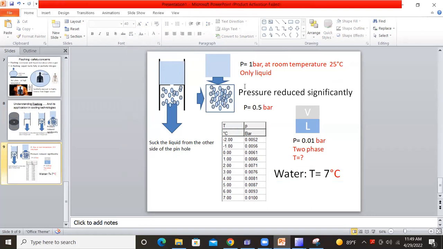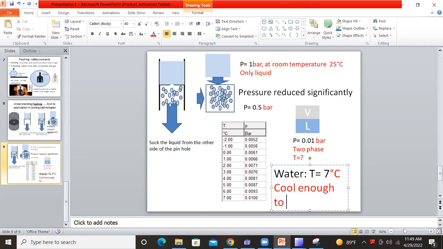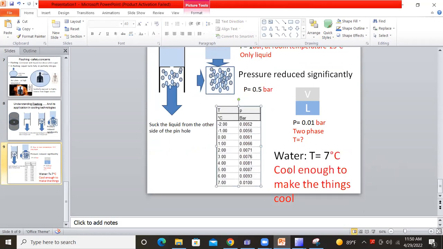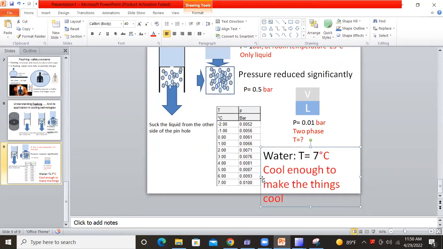Temperature. So initially 25 drops to 7. Means cool enough to make things cool. Maybe air, in air conditioning, maybe water cooling. There are technologies, of course.